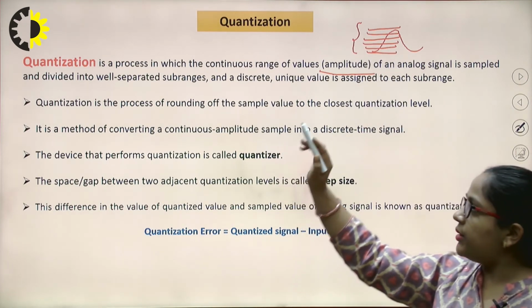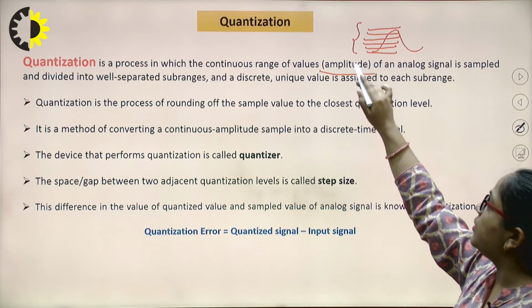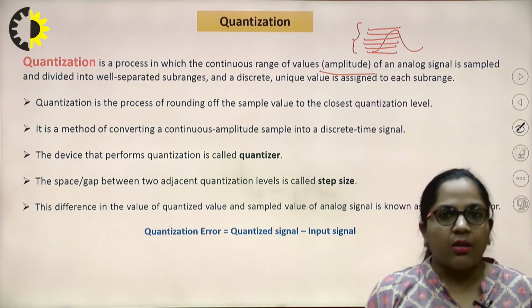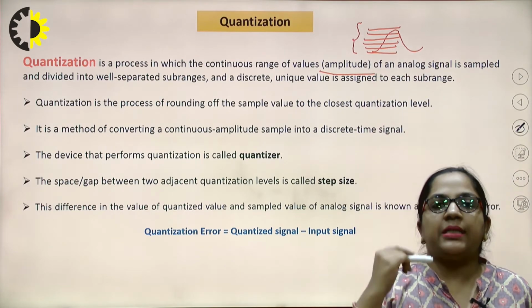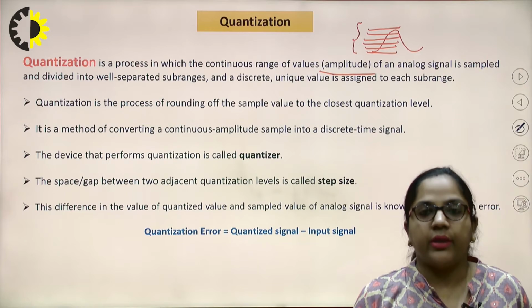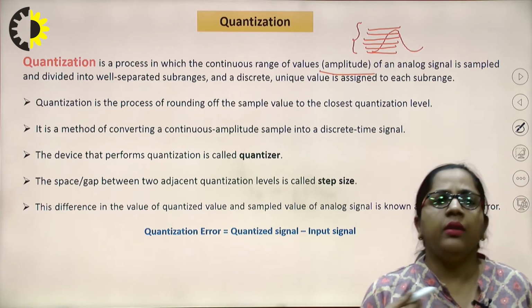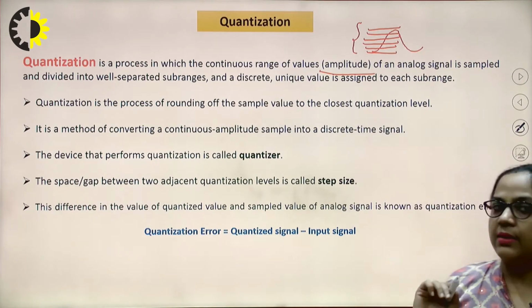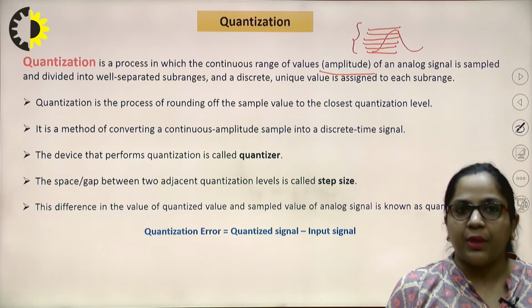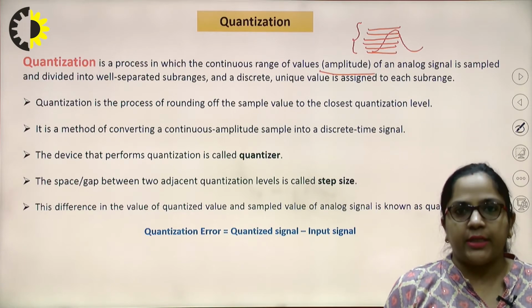So quantization is a process of sampling the continuous amplitude of the analog signal into a discrete form. Quantization we can also call a process of rounding off the sample values to the closest quantization levels.